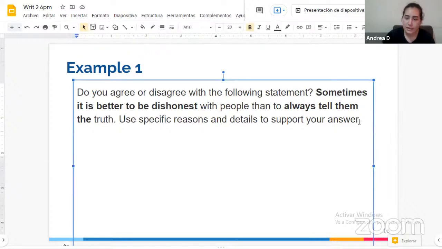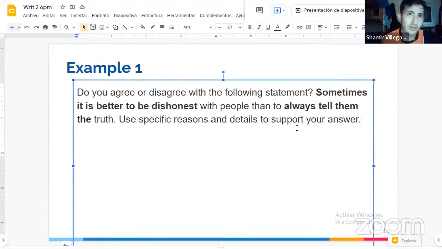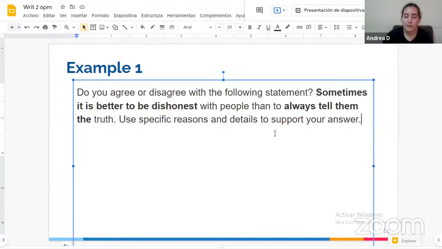Without getting into any details, what is this essay going to be about? There's one keyword here. That always to be honest is better than to lie. That's what you're trying to prove, right? So that is kind of your thesis statement. That is your opinion. But in general, in one word, what is this essay about?